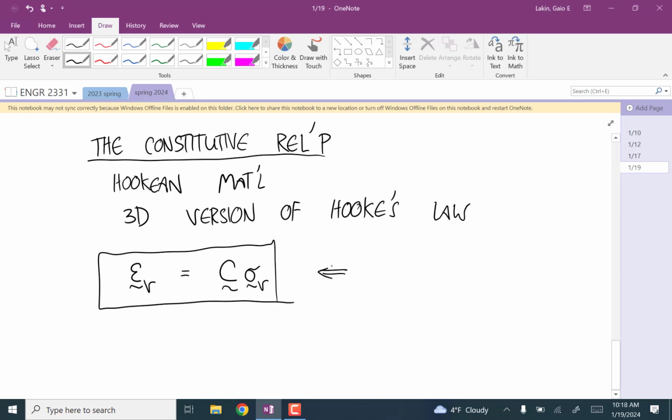You could also write it the other way, that the Voigt stress is equal to a matrix E times epsilon Voigt. If you do it the first way, this matrix C is the 6 by 6 compliance matrix, it's called.